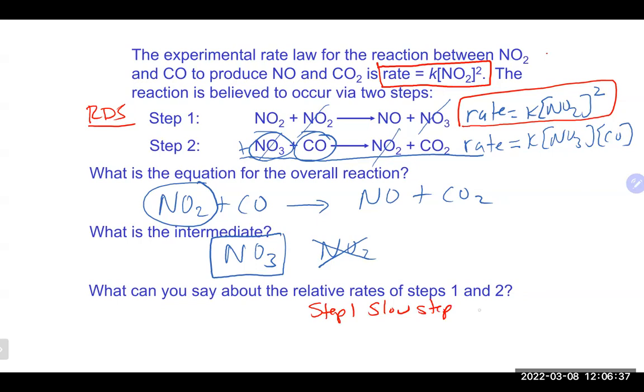By default, we should assume that step 2 would be the faster of the two. So it really is step number 1 that's holding up the show in terms of the overall rate of the reaction. And once that one is passed, step 2 should occur at a relatively good rate at that point.